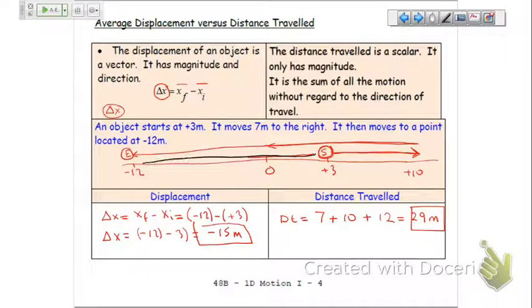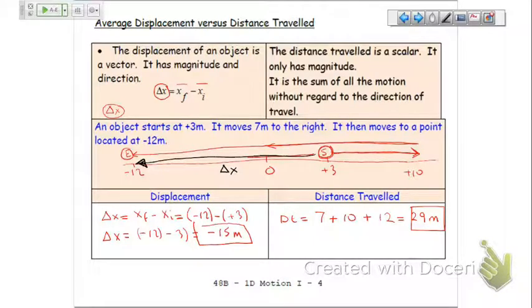On my diagram, my displacement is that. It's from where you start directly to where you end. And if you look at that, that is minus because it's pointing in a negative direction, and it's 15 units long because it's 3 there and 12 there. So you can actually get it from the diagram as well as getting it from the equations.